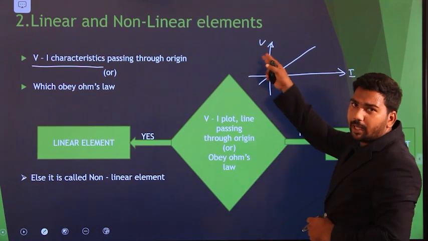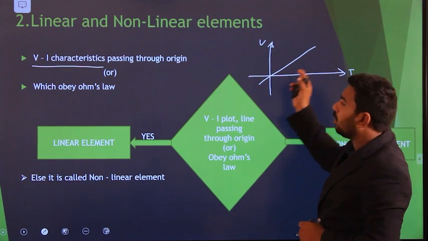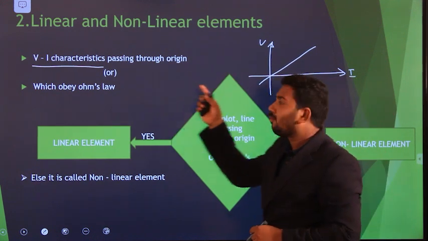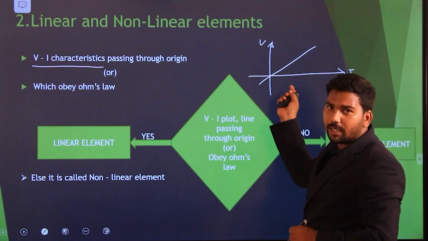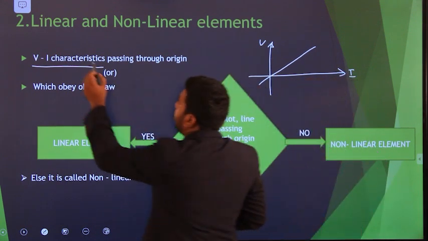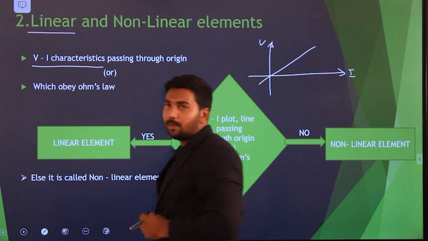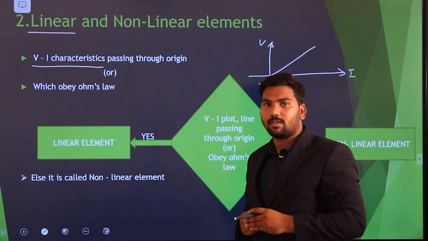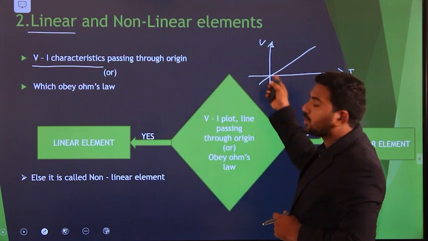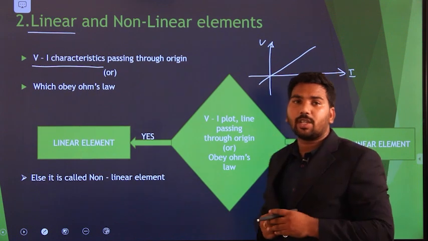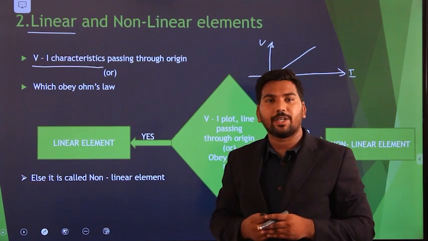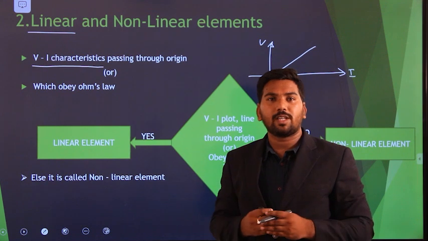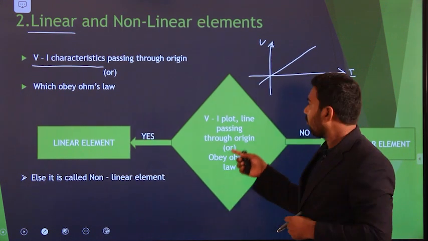If the plot between I and V passes through the origin for an element, then you can say that element is a linear element. If the VI characteristics pass through the origin, the element is linear, otherwise non-linear. Simple, right? So what is the condition?